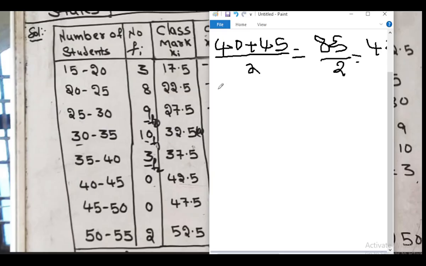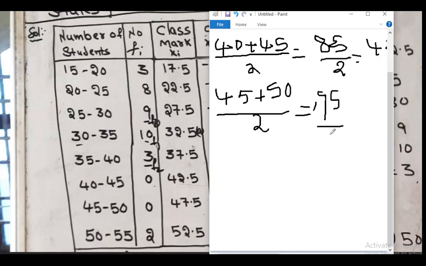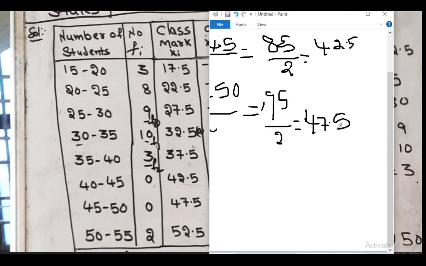Then 45 to 50, take the average of lower boundary and upper boundary, which is equal to 95 by 2, that is equal to 47.5.